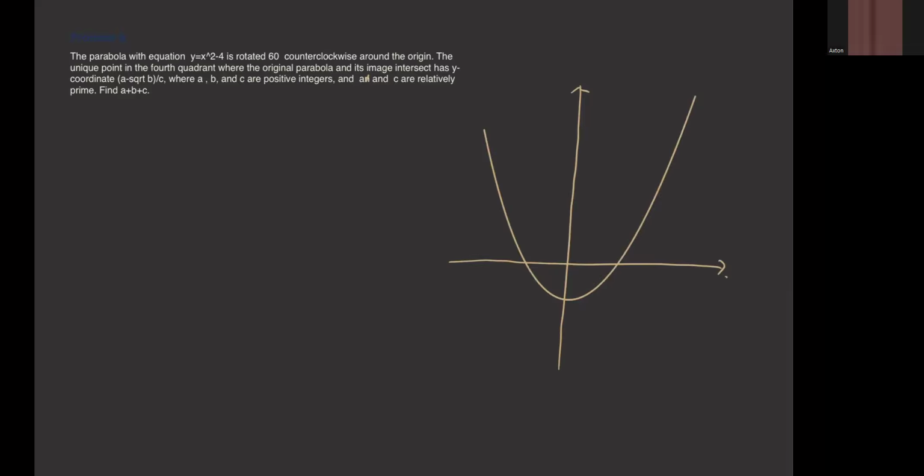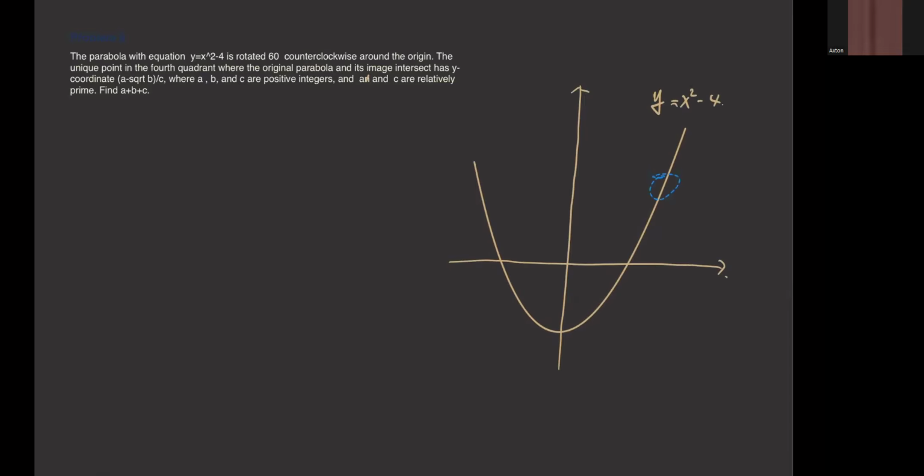First, I draw the parabola. So this is y is equal to x squared minus 4.